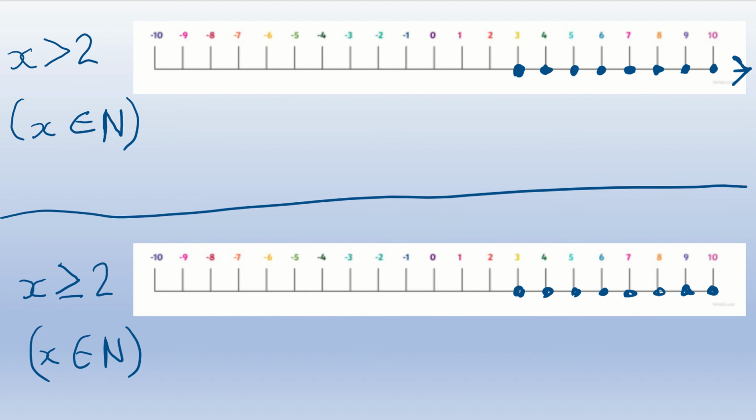And this time, seeing as we have this little line underneath my inequality sign, we do include the 2 because x is greater than or equal to 2. And again, we can put a little arrow there just to indicate that that's going to go on all the way up.